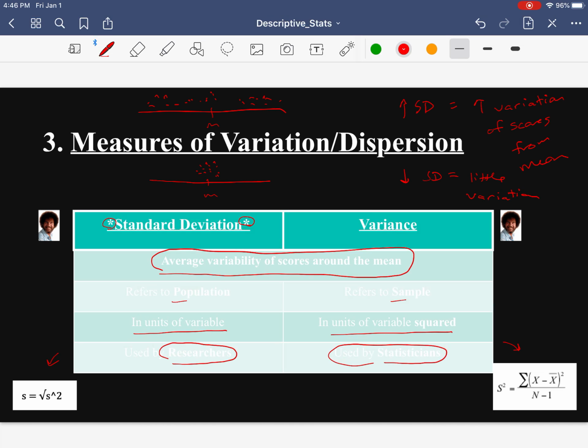And I want to make another point. Whenever you're running statistics, even descriptive statistics, we're going to end up using both. It's just that you're going to be reporting the standard deviation. This is what you report, right? If you have an abstract to a paper: The purpose of this study was to examine types of music enjoyed among different age groups.